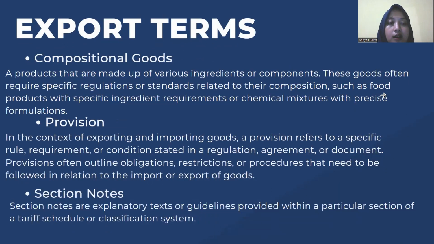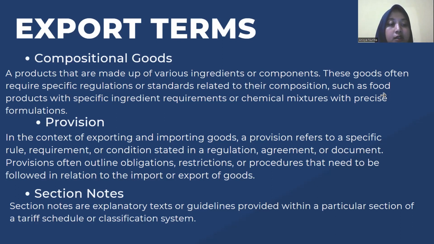And then we have compositional goods, products that are made up of various ingredients or components. These goods often require specific regulations or standards related to their composition, such as food products with specific ingredient requirements or chemical mixtures with precise formulations.